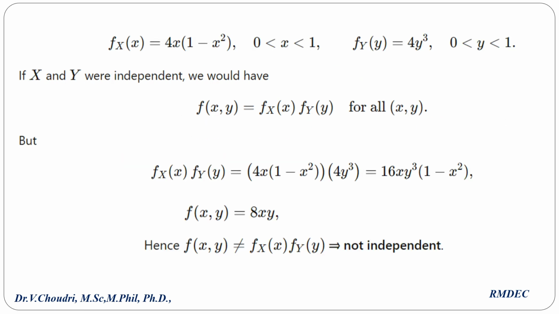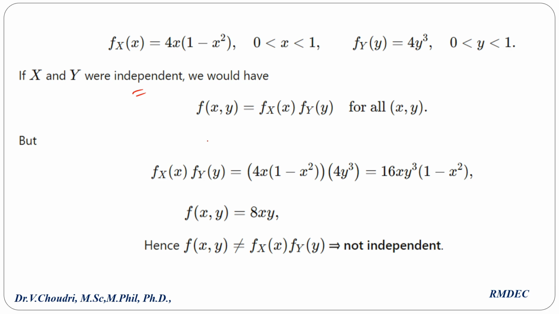Let us take the previous example. There we have seen f of x equal to 4x into 1 minus x square and f of y equal to 4y cube. What is f of x comma y? Let us check whether independent or not. If f of x comma y equals f of x into f of y, then we can say that they are independent. So what is f of x comma y?